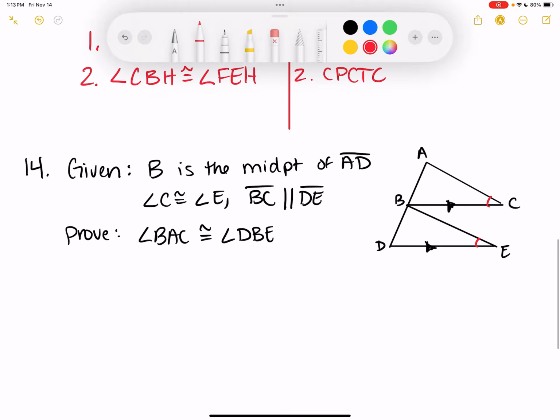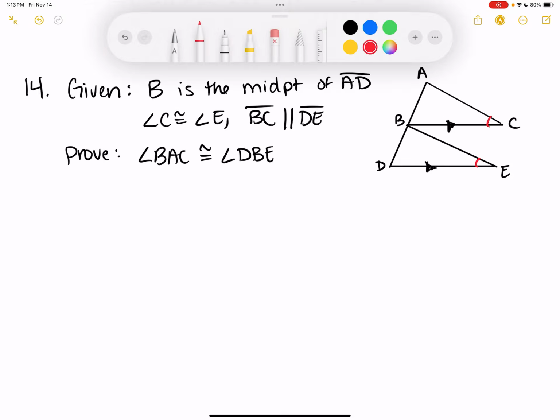All right, so that's what the picture gives us as given information.